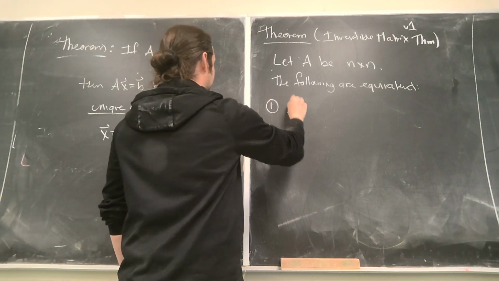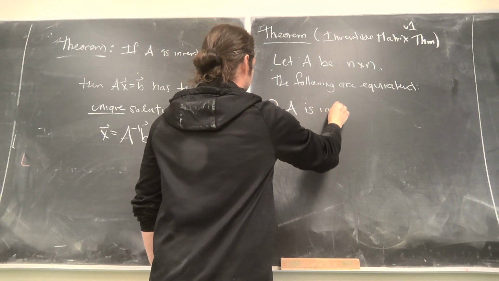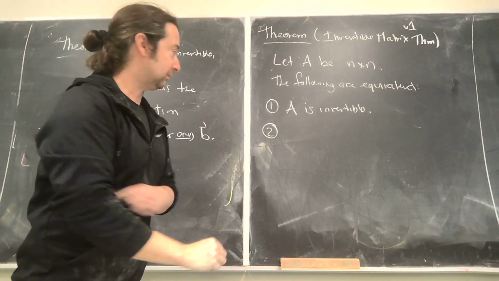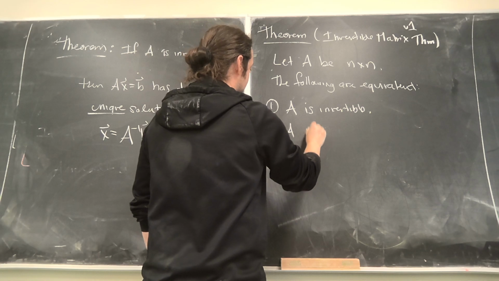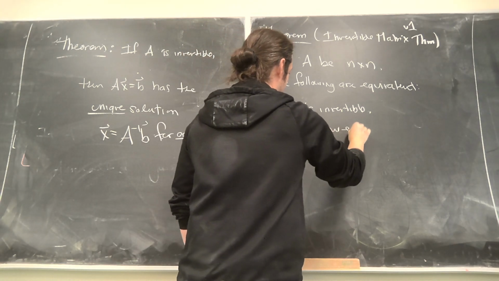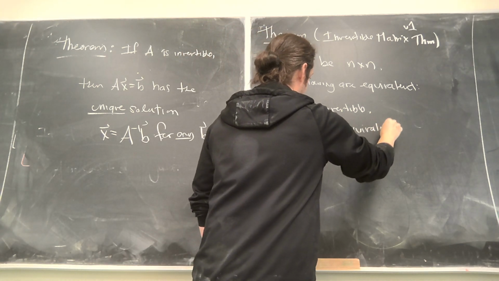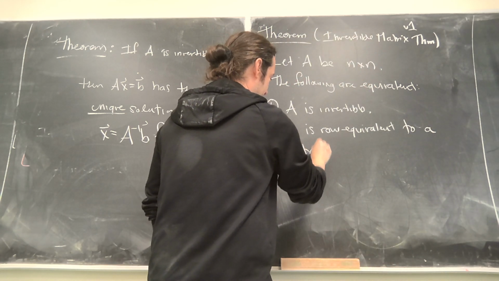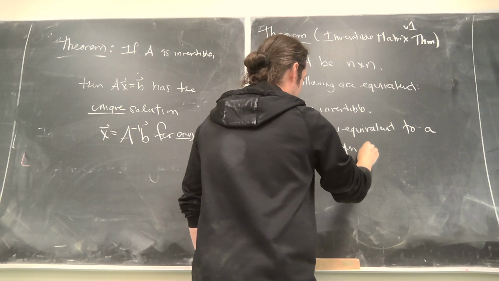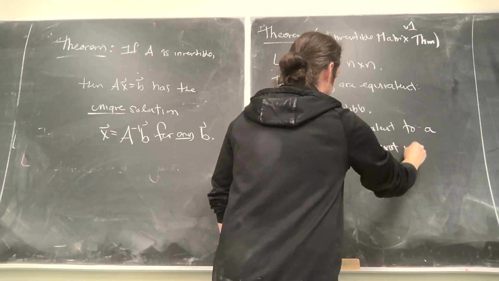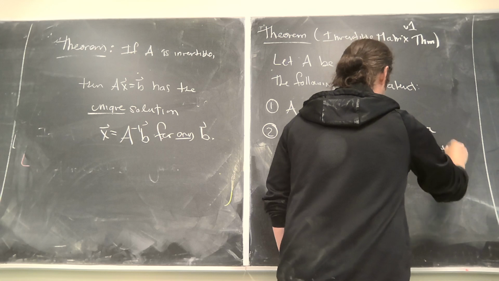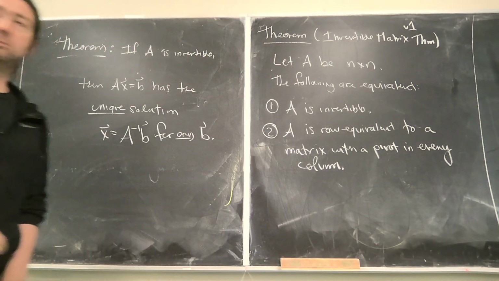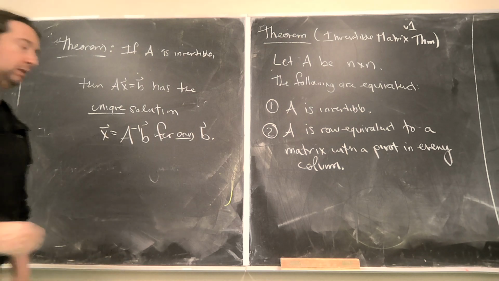1. A is invertible. 2. A is row equivalent to a matrix with a pivot in every column. 3.